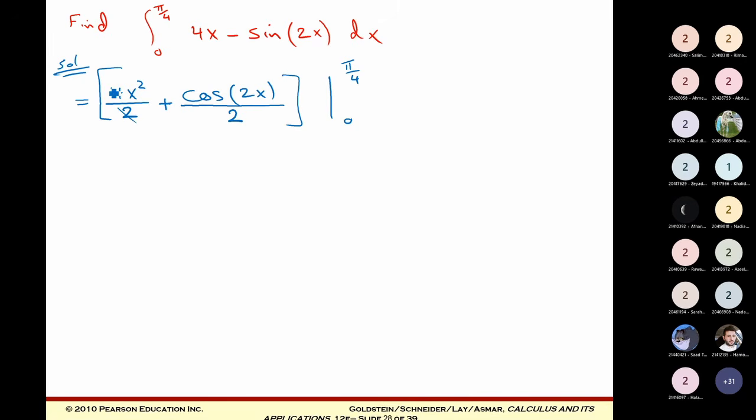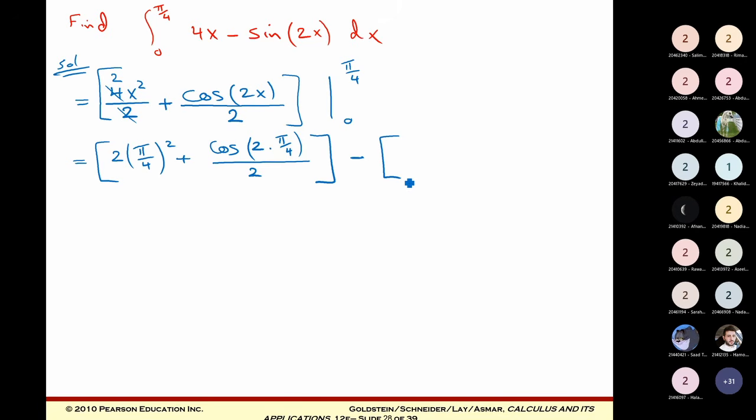We can simplify 2 with 4. After substituting pi over 4, we have 2 multiplied by pi over 4 square plus cosine 2 multiplied by pi over 4, over 2. This is substituting the pi over 4.